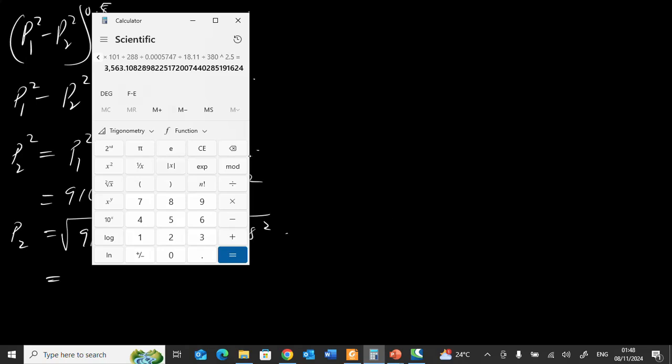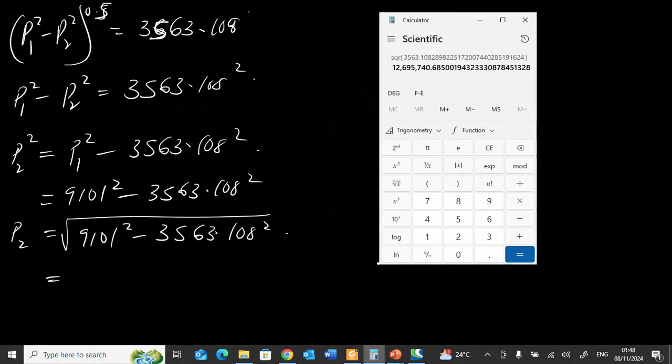So this x value, if we square it, 9101 square, minus this square. So we have this. Now let's take the square root of both sides.